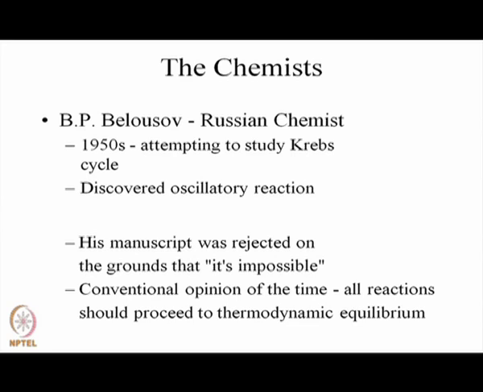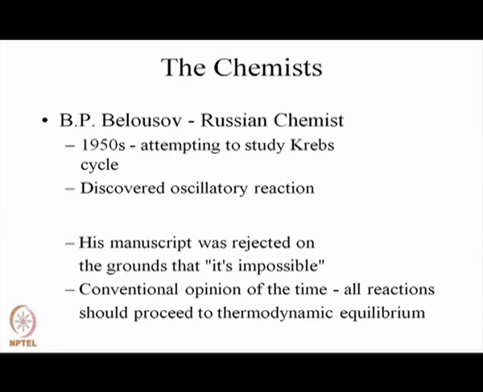He sent this manuscript to a journal, and it was eventually rejected, on the grounds that it is impossible, it cannot happen, because the conventional opinion of the time, that is, the then understanding, was that all reactions should proceed to thermodynamic equilibrium. So there is no way that the reaction can revert back. This oscillation was not in harmony with the then thermodynamic understanding.